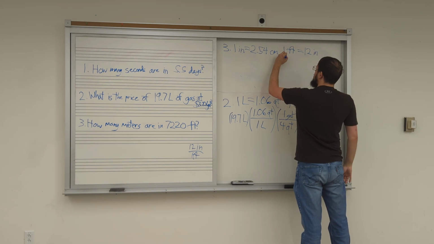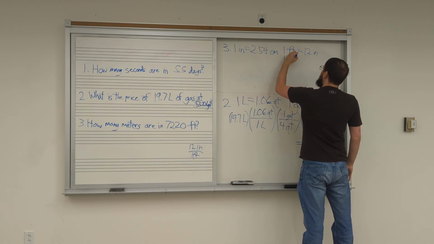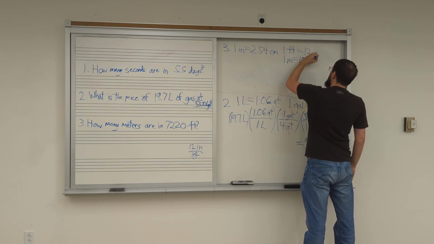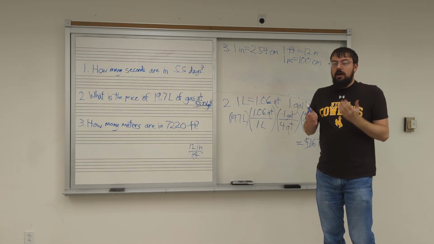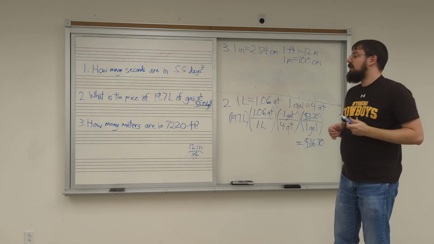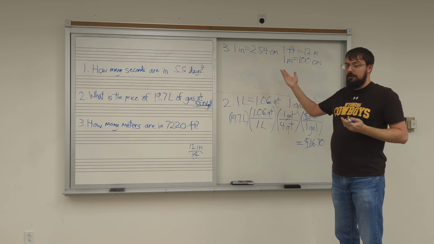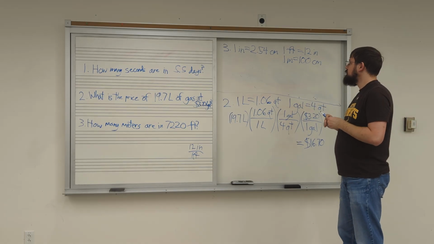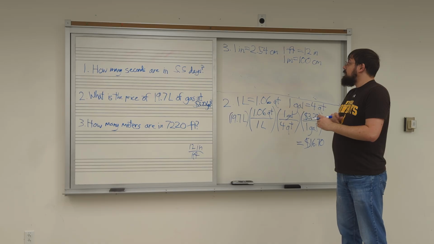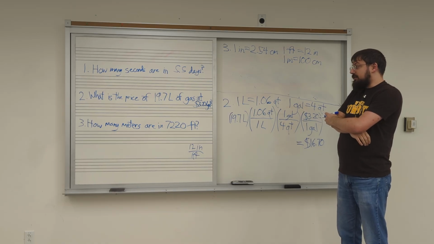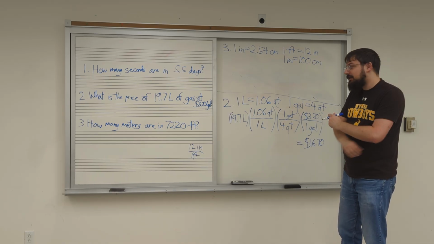So what that tells us is that 1 meter is going to be 100 centimeters, or put another way, you could say that a centimeter is 1/100th of a meter.